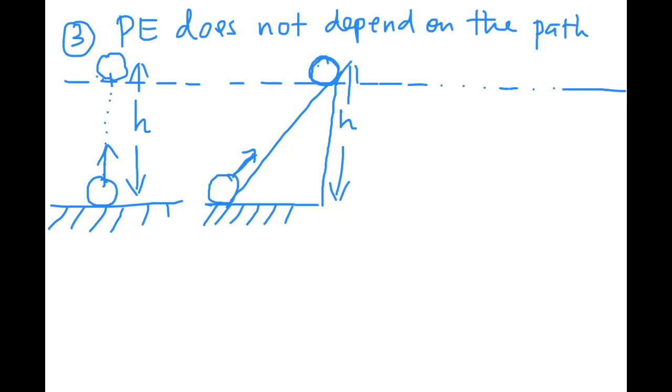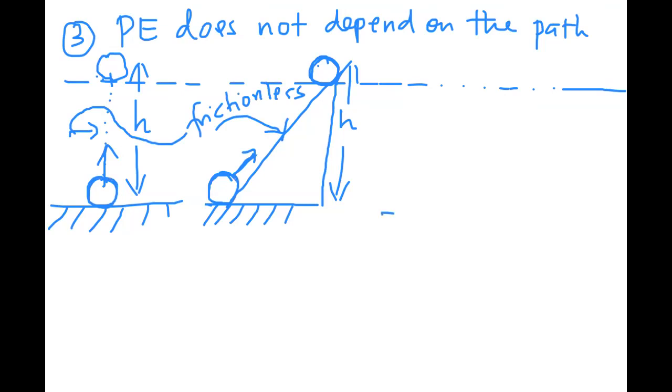So this path is frictionless, and this one is frictionless also. As long as both paths are frictionless, the work done to elevate the object to some height is the same, doesn't matter.